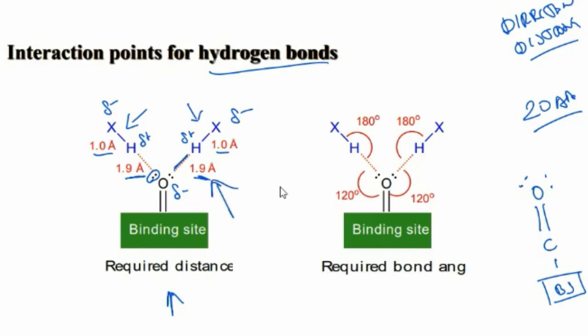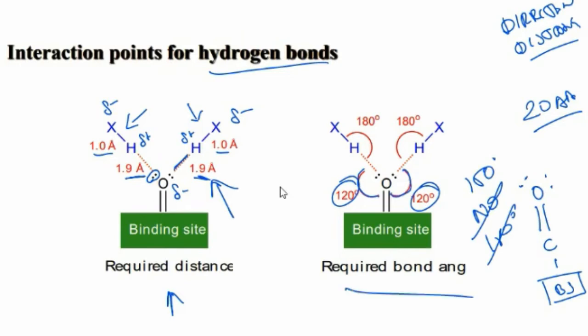Coming to direction, if you look at the angle made between this oxygen and this hydrogen, this angle is 120 degrees, and again this angle is also 120 degrees. If it is 150 degrees, can it form hydrogen bonding? No. If it is 180 degrees, can it form? No. So it should be in the range. There is a range for that, so the required bond angle and the required bond distance are there.